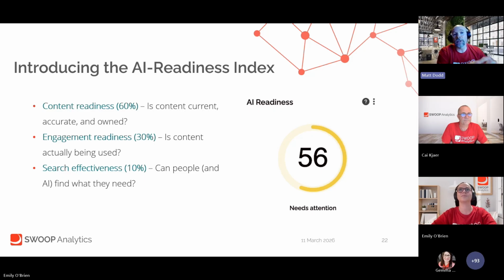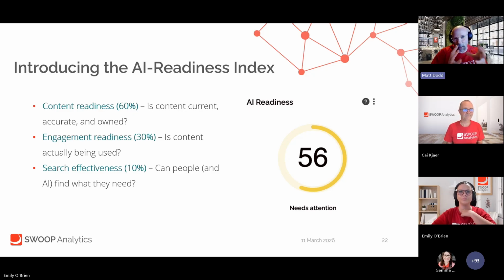So if we have evidence from what we're looking at in our SWOOP for SharePoint product, that searches are either coming up with no results, or that searches are ending with users actively closing down their browser or exiting the intranet on a search results page, we look at that and we can say, well, okay, out of the searches that were committed in a site or on your intranet, what kind of proportion failed? And therefore, that might indicate some big gaps in your content.